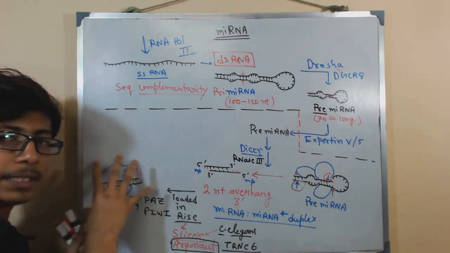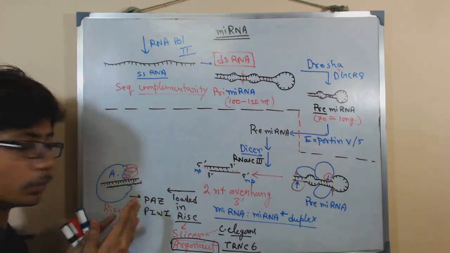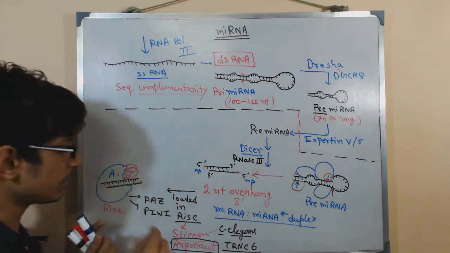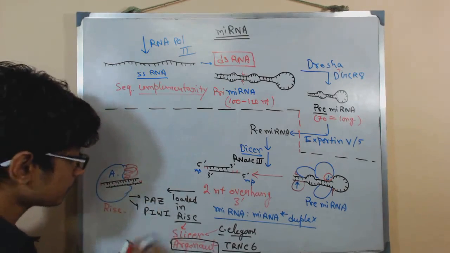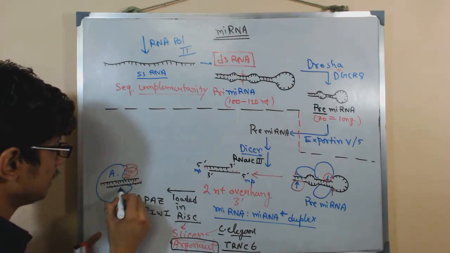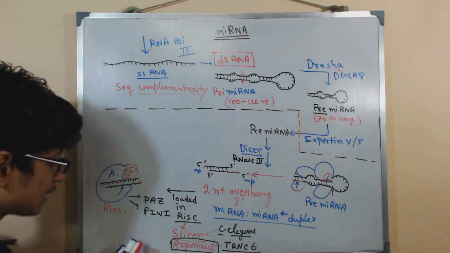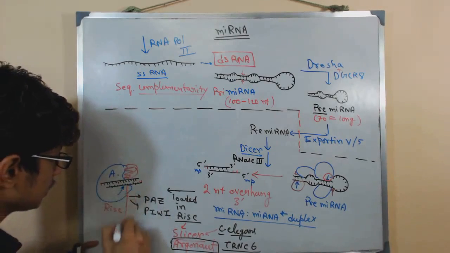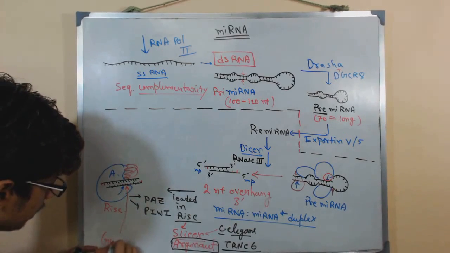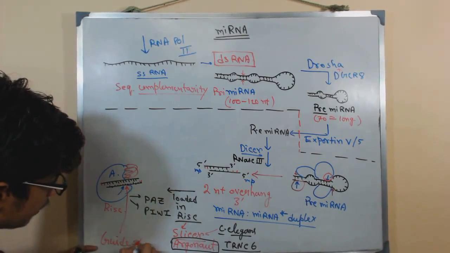So now this is it. After that, among those two strands, it will firmly bind with one strand with the PAZ domain, and that strand will be termed the guide strand.